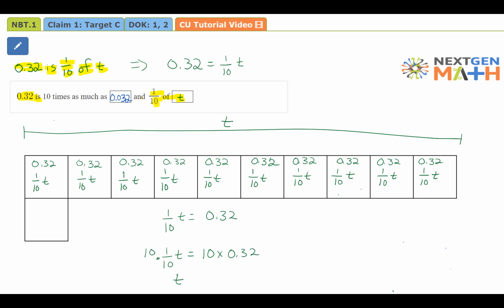So that means t is equal to 3 2/10. So back to our question, 32 hundredths is 1/10 of 3 2/10.